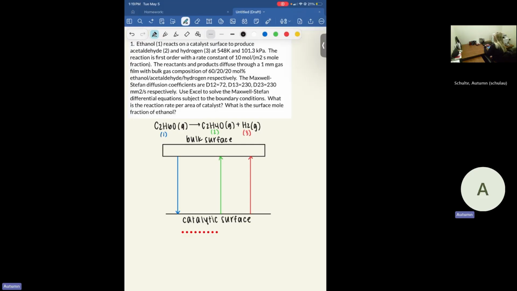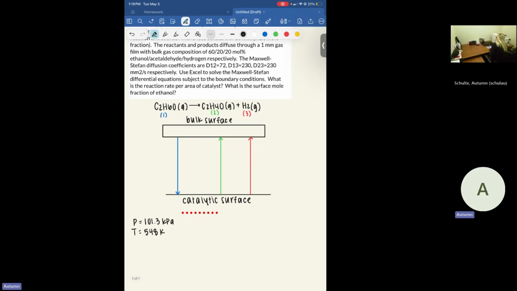We're also given a handful of other information, so let's write that down quickly. We have our pressure set at 101.3 kilopascals. We have our temperature set at 548 Kelvin. And then we are given our diffusion coefficients. So the diffusion coefficient of ethanol through acetaldehyde is 72 millimeters squared per second.